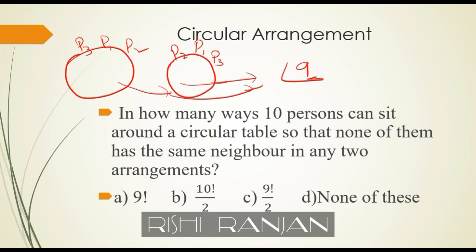Means the same neighbors have been counted twice. But when they told none of them has the same neighbor in any two arrangements, means neighbors should not be repeated. In that case, because the same neighbors have been counted twice, to get the arrangements where the neighbors are not repeated, it becomes divide by 2. So the answer is factorial 9 divided by 2.